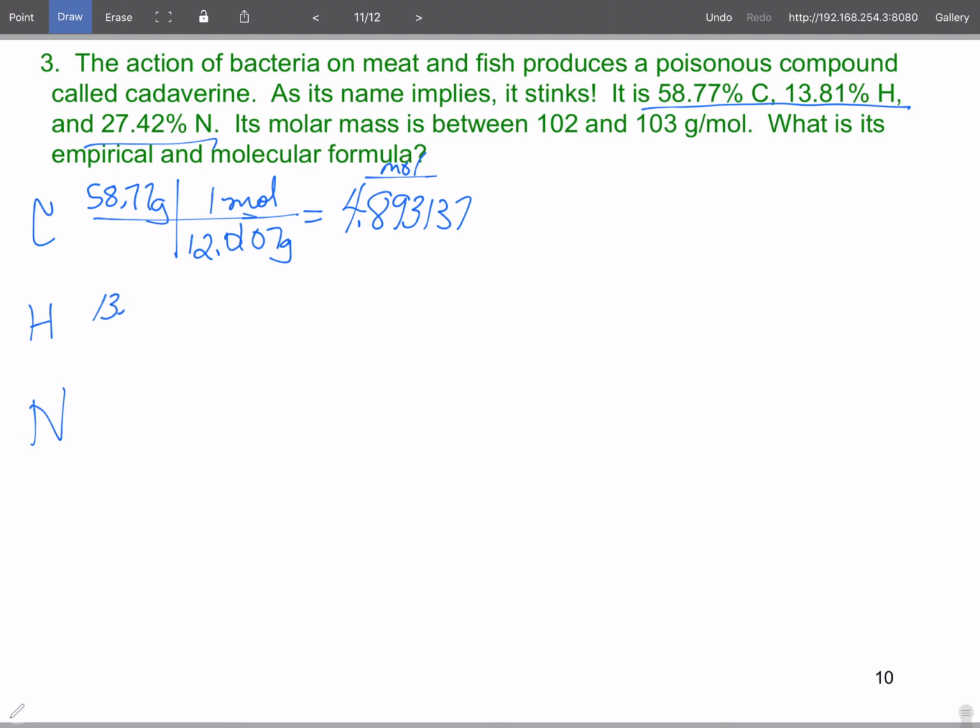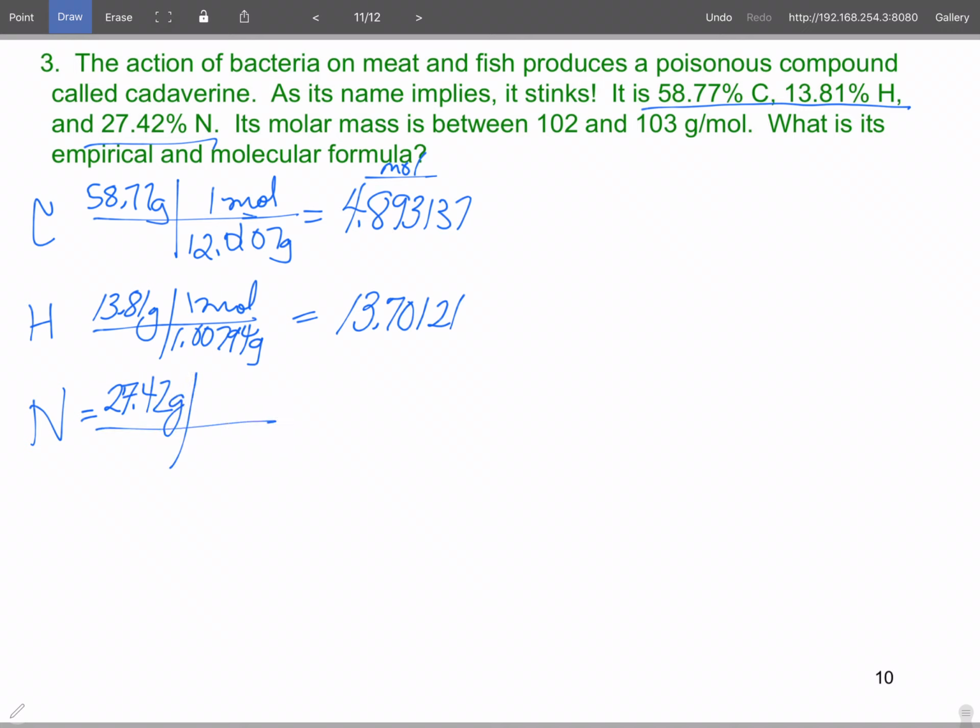Hydrogen is 13.81 grams, 1.00794 grams. So it comes out to be a whopping 13.70121. And 27.42 grams of nitrogen, and nitrogen is 14.00674 grams per 1 mole, which gives us a whopping 1.95763.